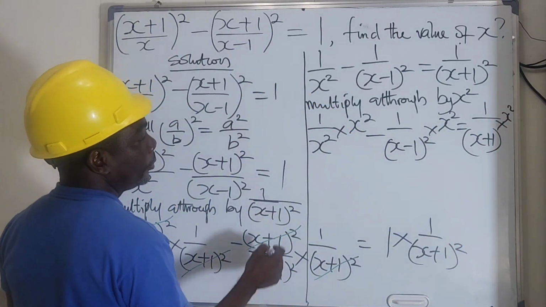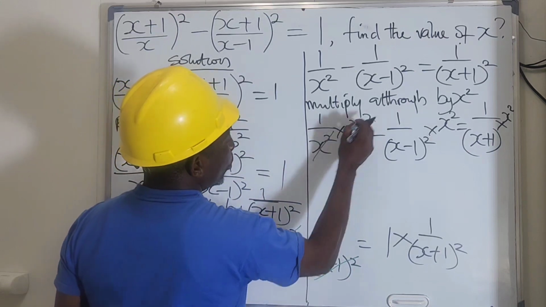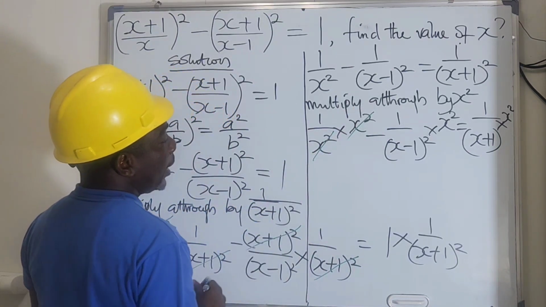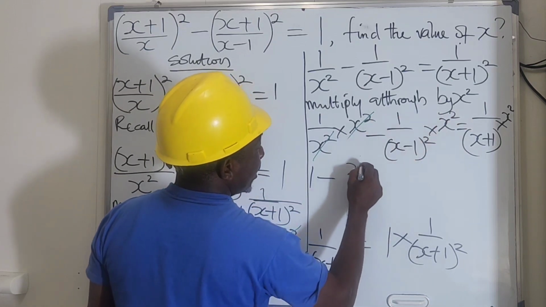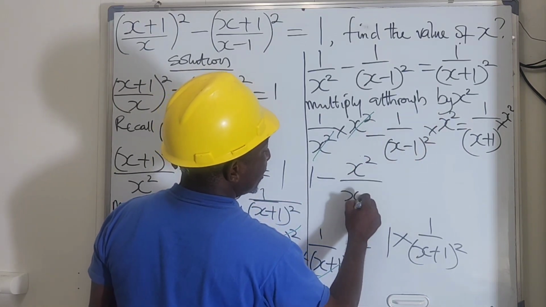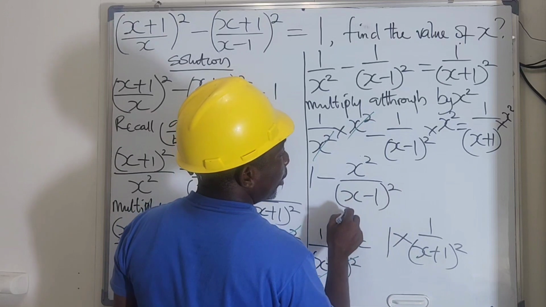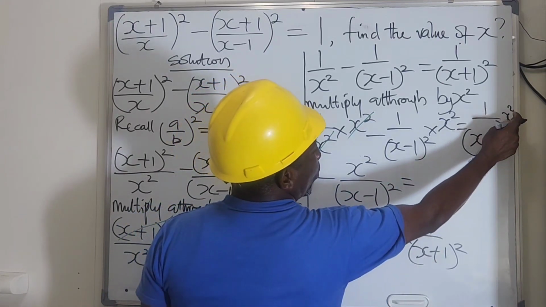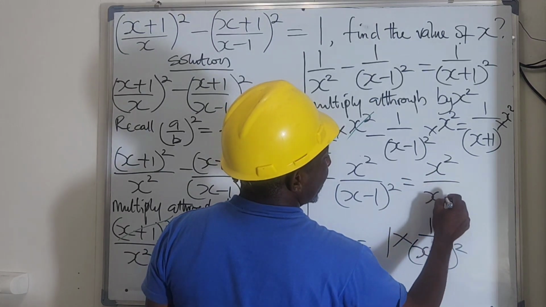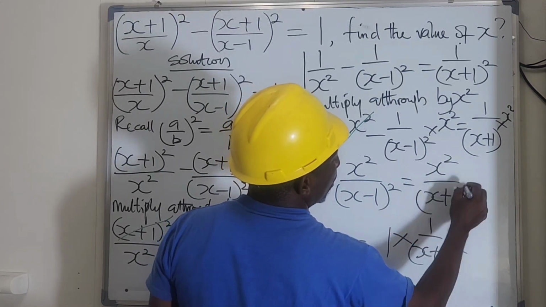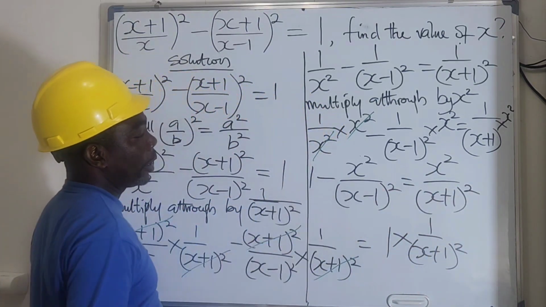So in that case, this will cancel this, and we are now left with 1 minus x squared times 1 is x squared all over x minus 1 raised to the power of 2 equals x squared times 1 is x squared all over x plus 1 all squared. That's raised to the power of 2.